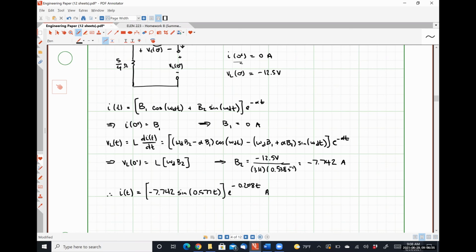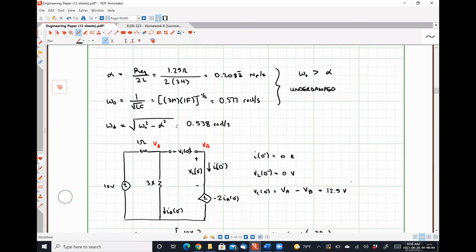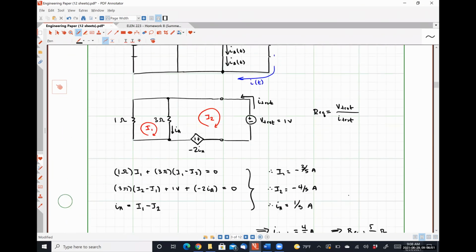And now we have to figure out what IA of t is, right? So let's go all the way back up here and look at what we're going to do.